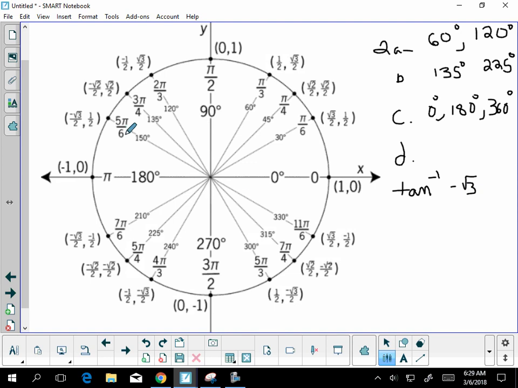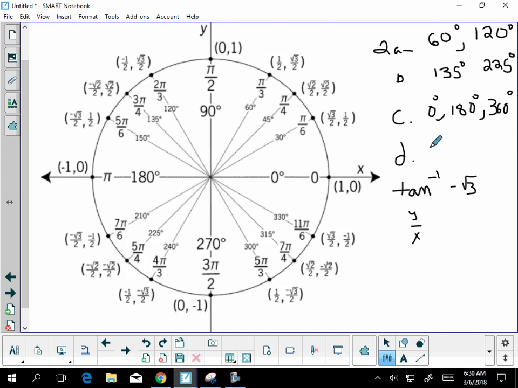Well, I know it's going to be in quadrant 2 and 4 because it's negative. And it would have to be your y over x. So you have to look and see where y over x would be negative radical 3.